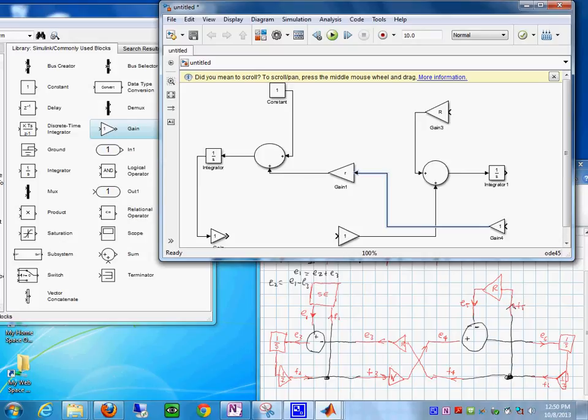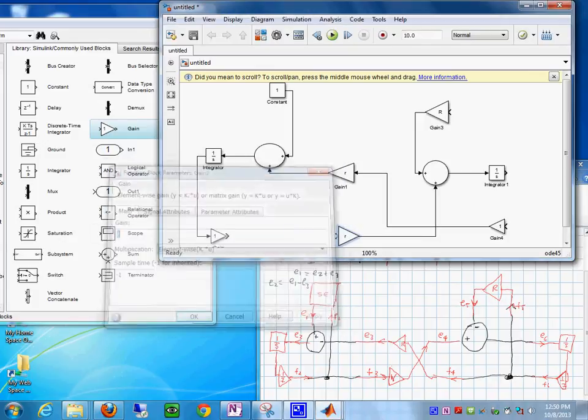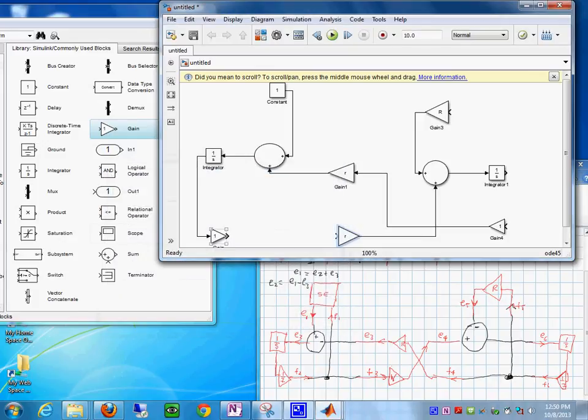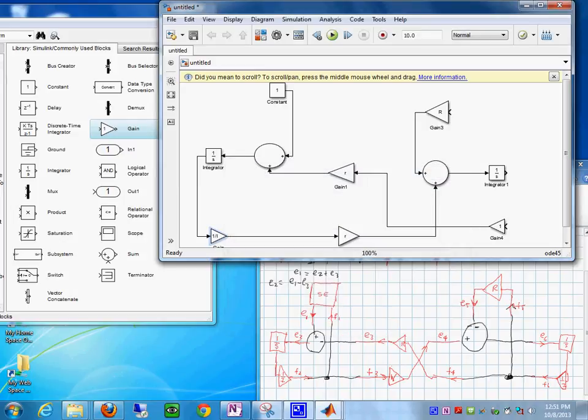This is going to be the modulus R again, like that, and this will come out in here like this. This is the 1 over R. Is it 1 over R? No, 1 over I.